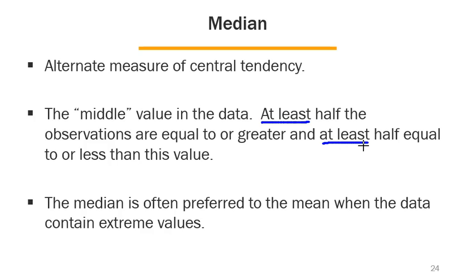But that's actually more than half, because half would be 1.5. But we can't have clearly half of an observation or half of a school in our previous example, so at least half. Now, the median is often preferred to the mean when the data contain extreme values.